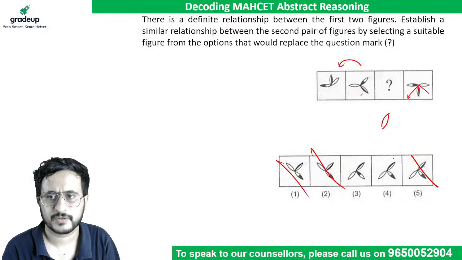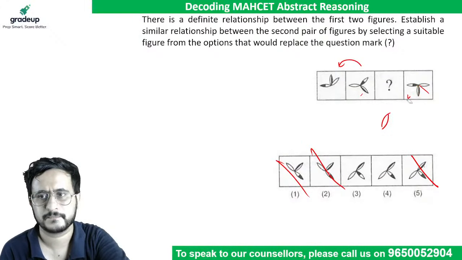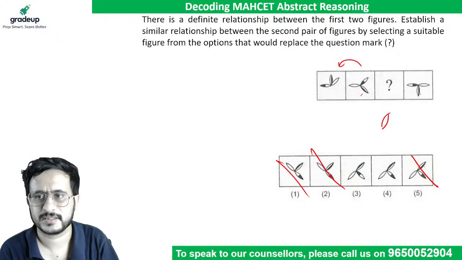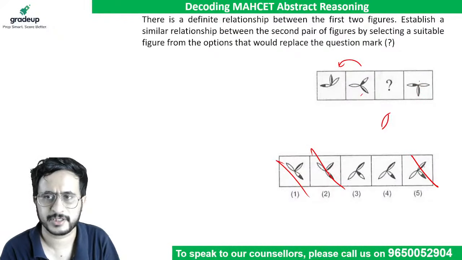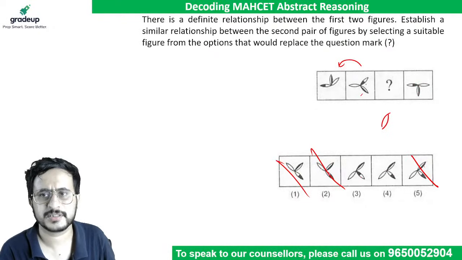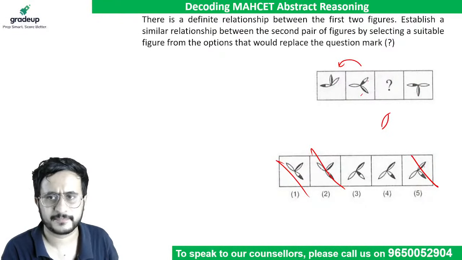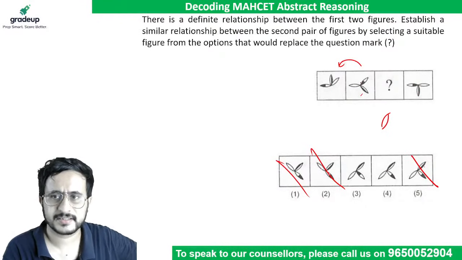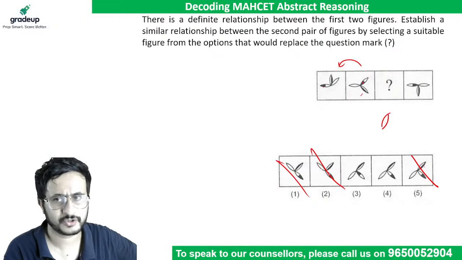In this figure, this should be the same rotation, right? So this side is shaded, this side is not shaded. So it will have these two options. Now the third thing: in this case, the inside was shaded, in this the outside was shaded. So we see the reversal of this. The inner half was shaded, in this the outer half is shaded.